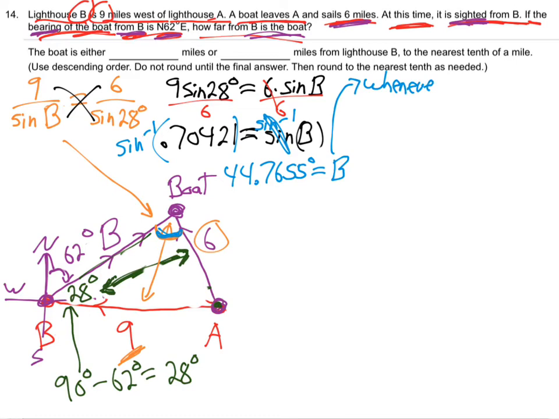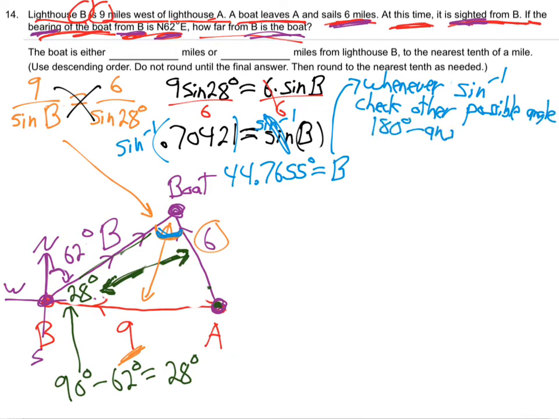Whenever we do sine inverse, like we just did, check the other possible angle: 180 minus your answer. Remember, there's always another angle that might be possible. Usually not, but maybe.